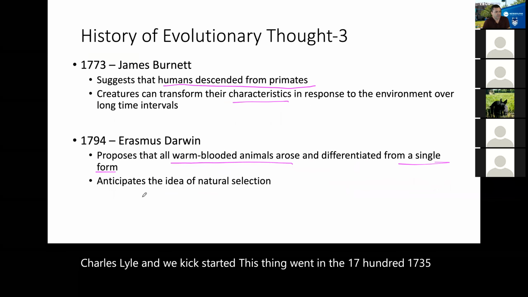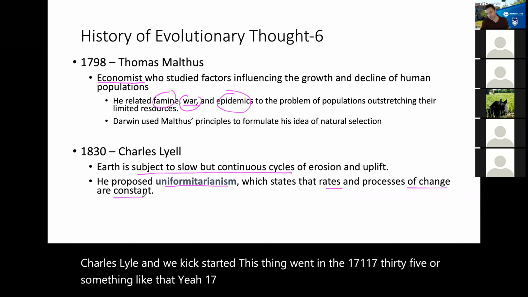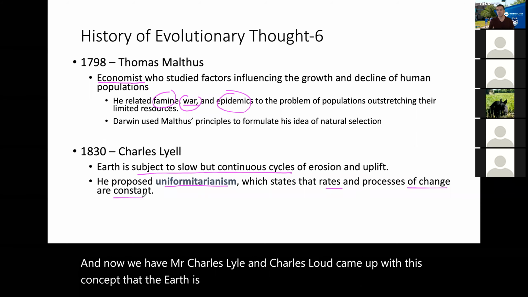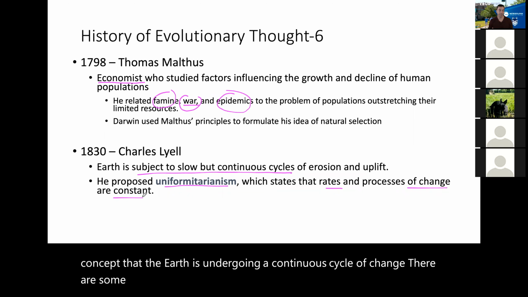Yeah, 1735, and here we are about 100 years later. And now we have Mr. Charles Lyell. And Charles Lyell came up with this concept that the Earth is undergoing a continuous cycle of change. There's some erosion, there's some uplift, there's this cycle that is naturally occurring. And there are a number of these cycles.